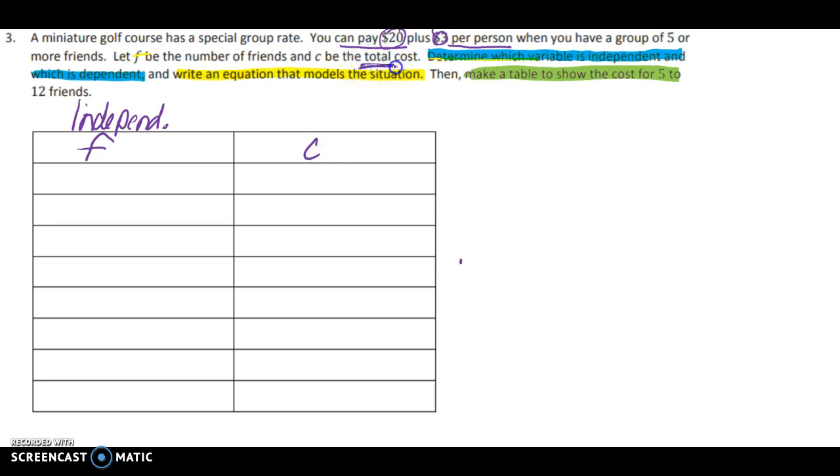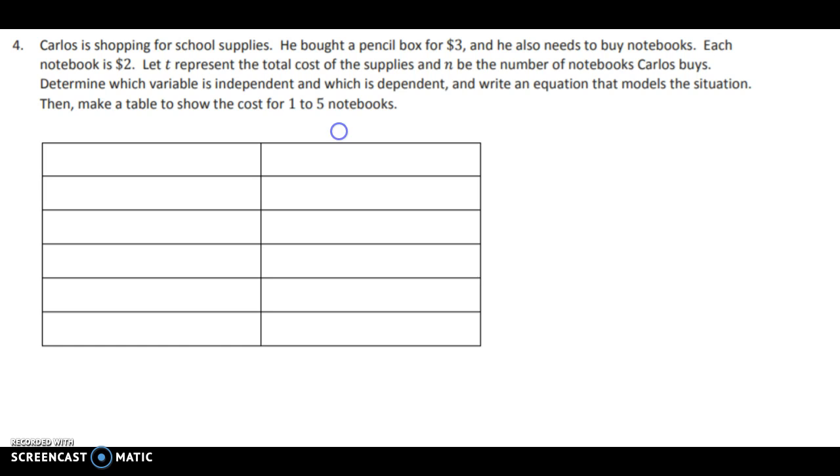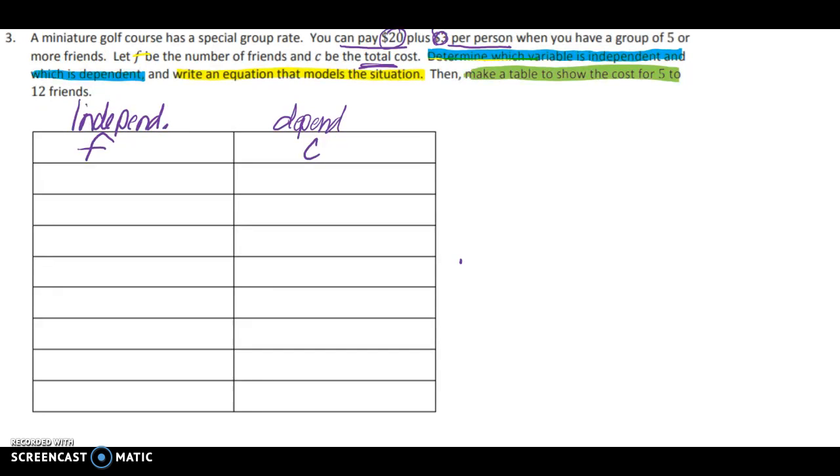Remember, from our lists, that tells me my dependent variable. Right here, it tells us from 5 to 12. Those are the number of friends. So 5 friends, 6 friends, 7, 8, 9, 10, 11, 12 friends.